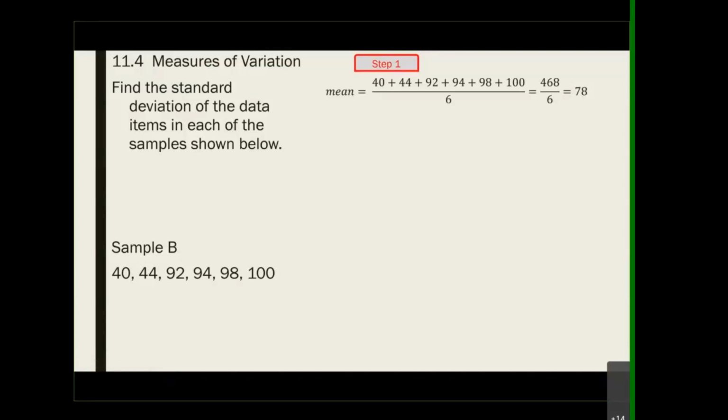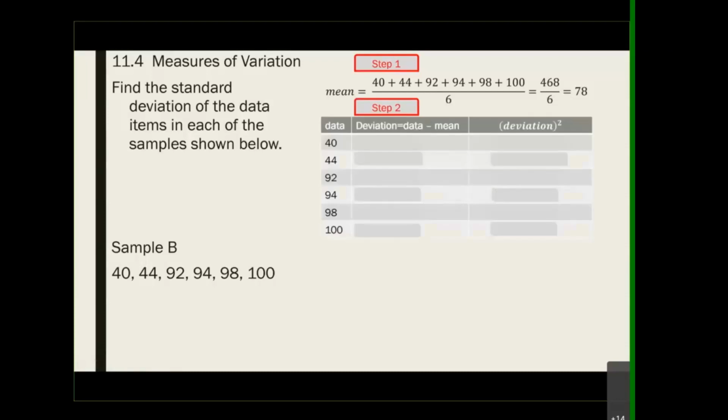Looking at this here, step 1, same idea, we need to find a mean. So step 2, what do we need to do? Step 2, we need to find the deviation. So what is my deviation here? And again, why do I say B is harder? Because when you subtract, 40 minus 78, you get negative 38.